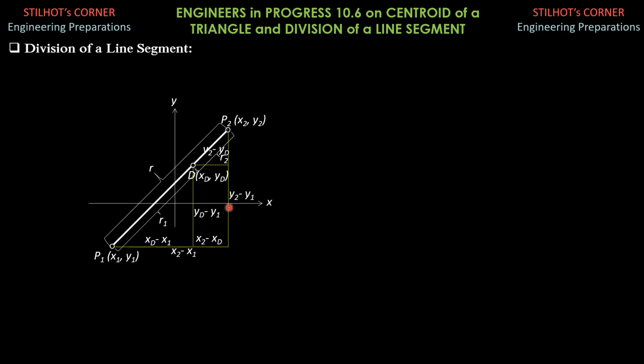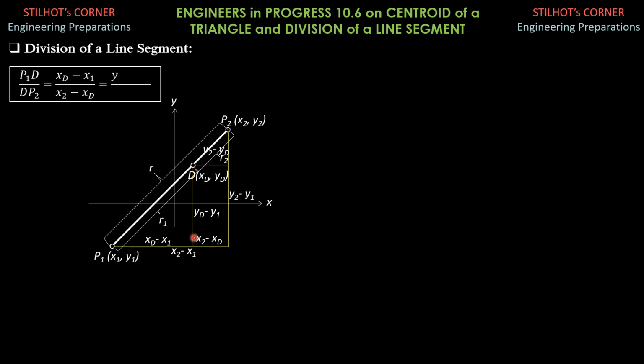So again, the ratio of P1D to DP2 is the ratio of xD minus x1 and x sub 2 minus x sub D, and it is also equal to the ratio of the vertical component of distance yD minus y1 over y2 minus yD.